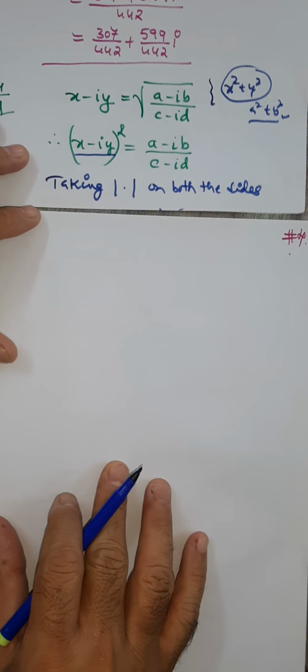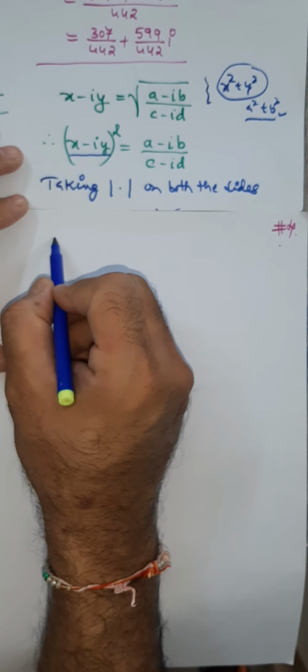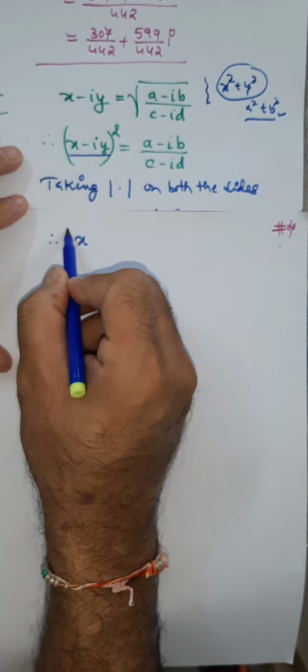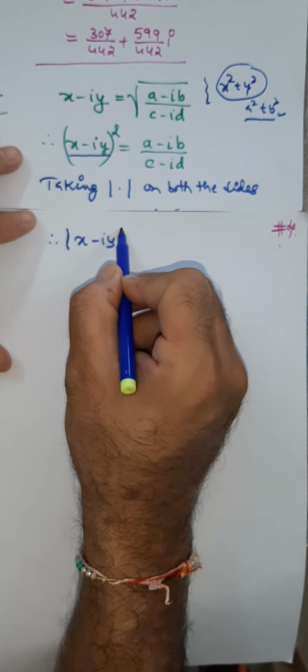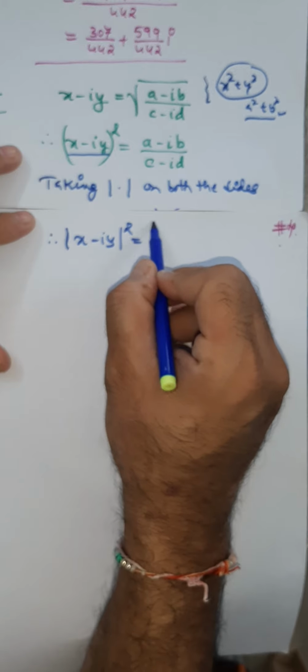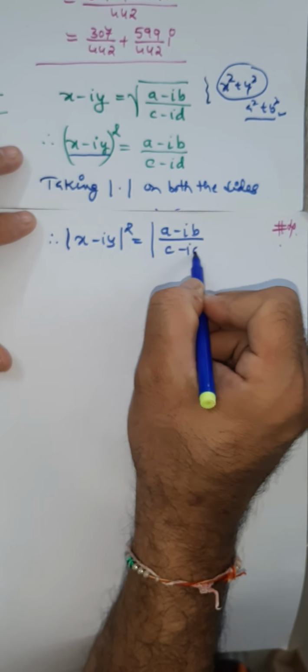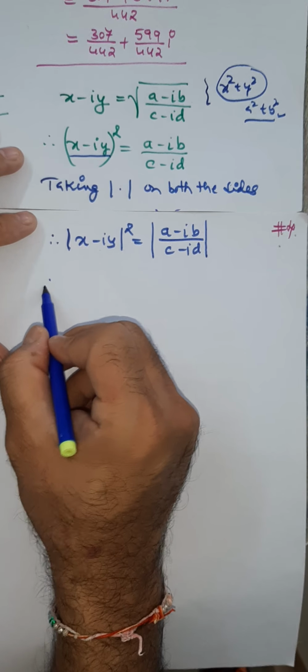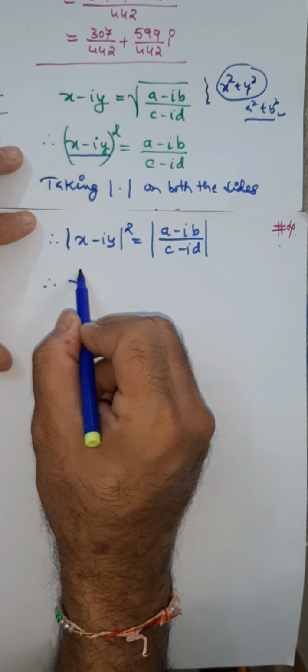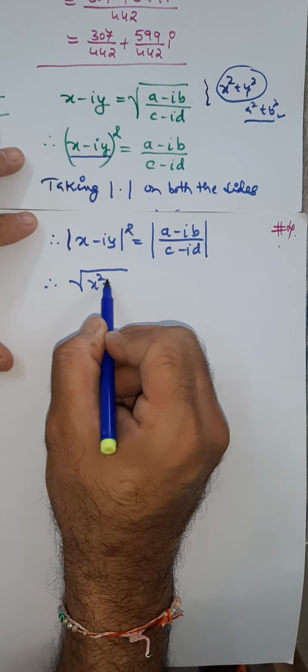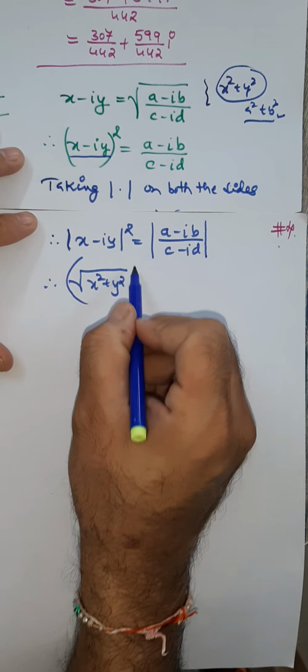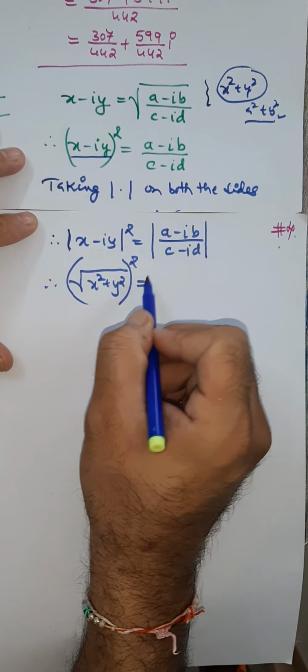So what happens if I take modulus here? Modulus of x minus iota y the whole square equals to modulus of a minus iota b upon c minus iota d. What's the modulus of a complex number? That is root of x square plus y square, the whole square as it is.